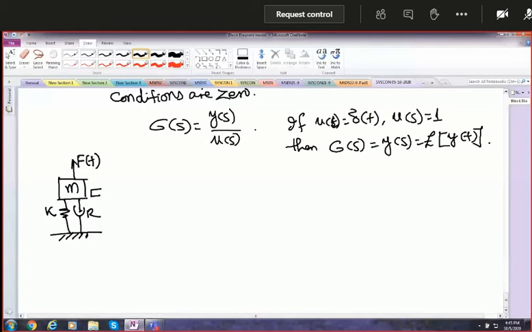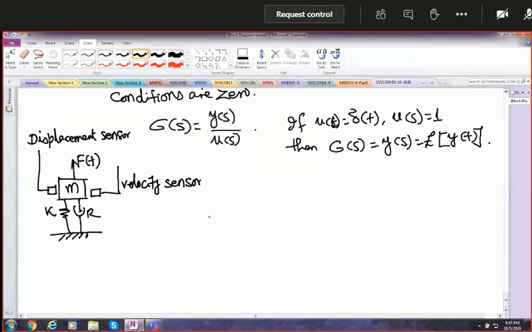What do you want to measure? Let's say a velocity sensor. We also have, let's say, a displacement sensor. This displacement sensor doesn't exist. It's the integration of the velocity sensor.